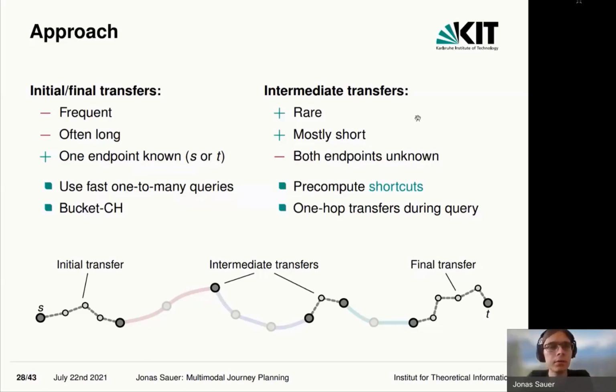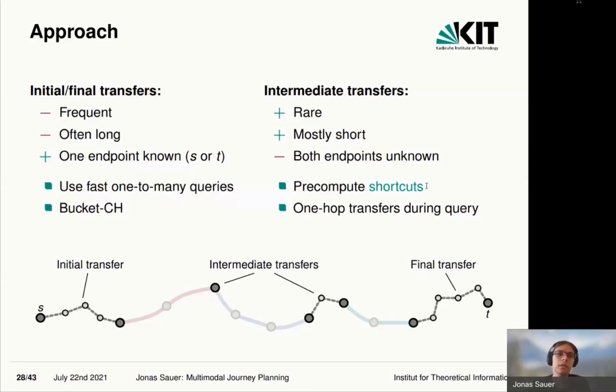Now, for the intermediate transfers, we can't do that because we don't know the two endpoints, but the advantage is that there aren't as many options. So what we do is we pre-compute shortcut edges for all intermediate transfers that will be relevant in any possible query we might perform.